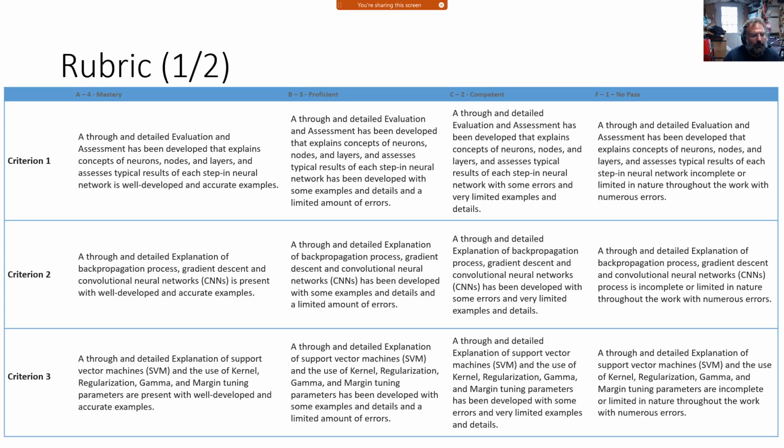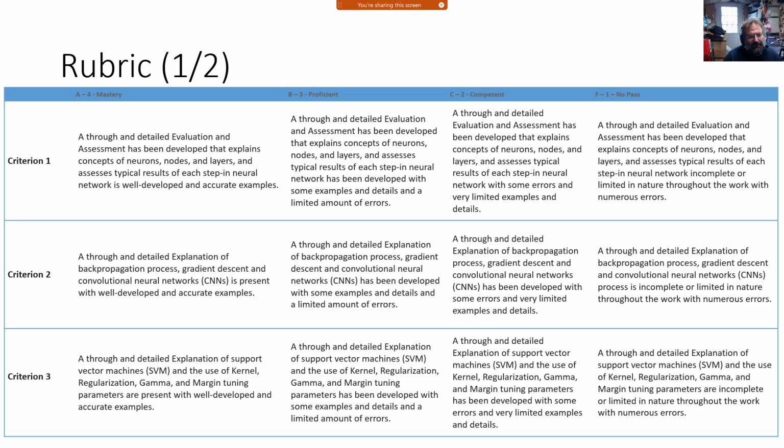Your rubric has quite a few criteria here. A thorough and detailed evaluation and assessment has been developed that explains the concept of neurons, nodes, and layers and assesses typical results of each step in neural networks as well, and it's well developed and accurate examples are included. A thorough and detailed explanation of backpropagation process, gradient descent, and convolutional neural networks.